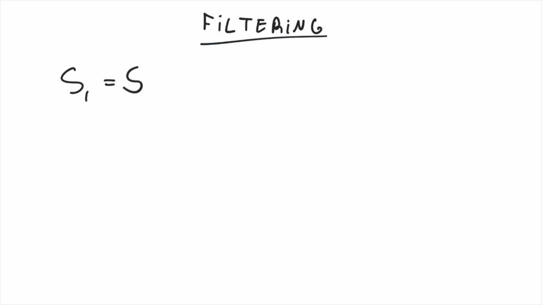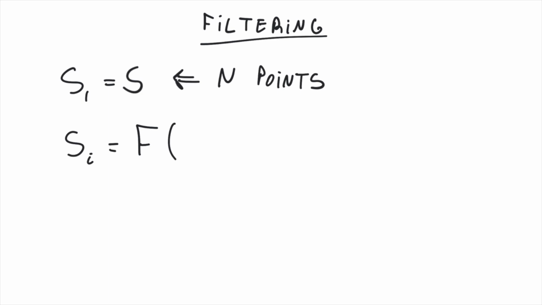Now that we have defined the neighborhood of a cell and we know the properties of our grids, we can start filtering. So I said this sieve works by filtering points and reducing the amount of points that we are considering. So we will define the set S1 to be our original set S, and this one we said has n points. The set Si will be the result of filtering the set Si minus 1.